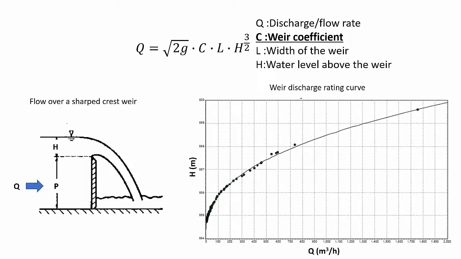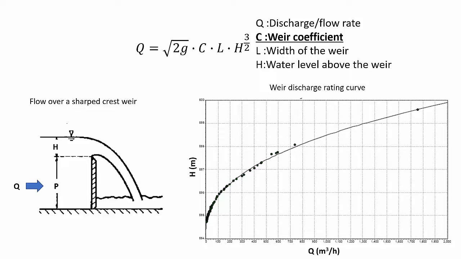The relationship between the weir head H, which is the water level above the weir crest, and the discharge rate or flow rate is described in the weir discharge rating curve. An example of such a curve is shown on the right.